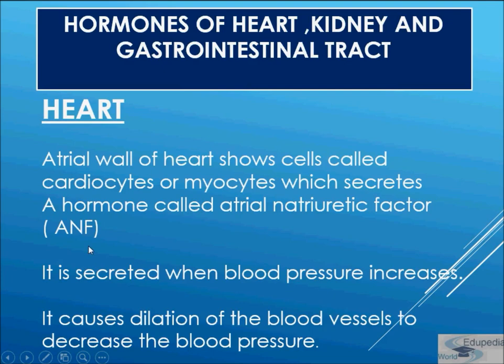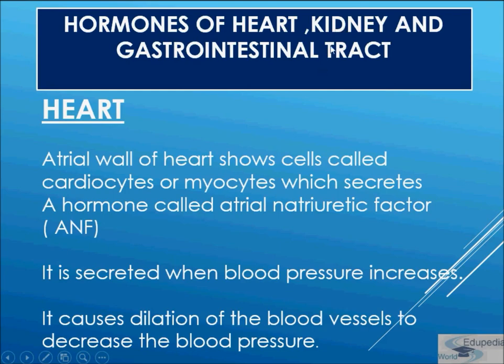ANF causes dilation of the blood vessels so that blood pressure or the blood flow may slow down. So we just studied about the heart, that it produces ANF hormone that causes dilation of the blood vessels to decrease the blood pressure.